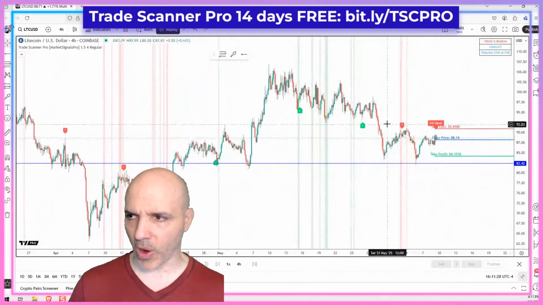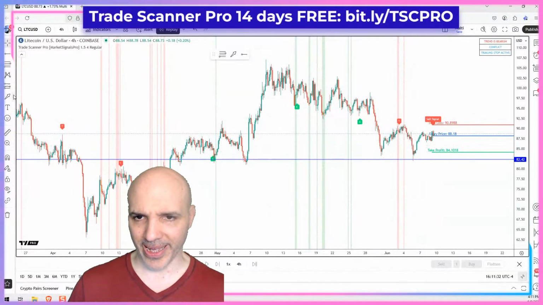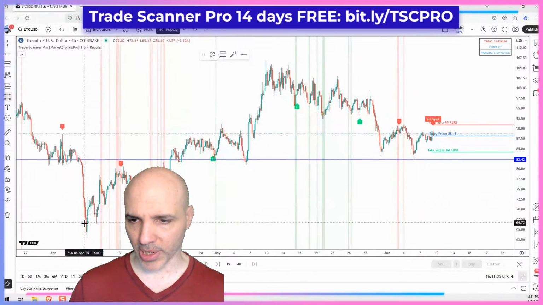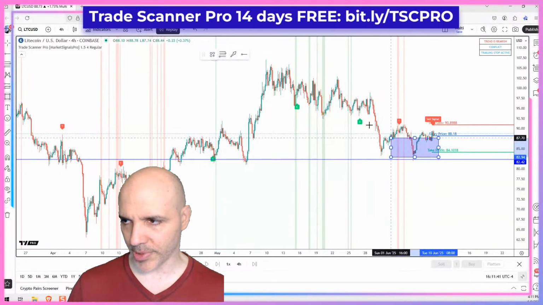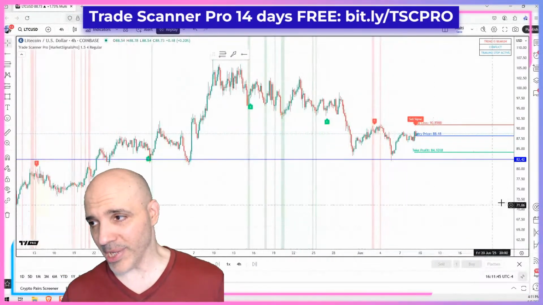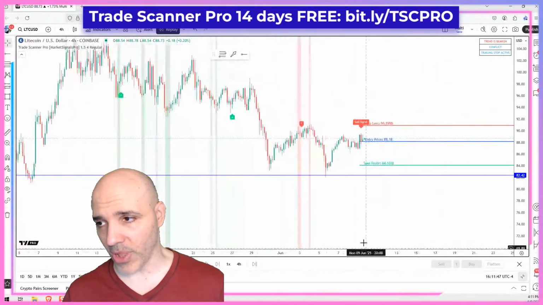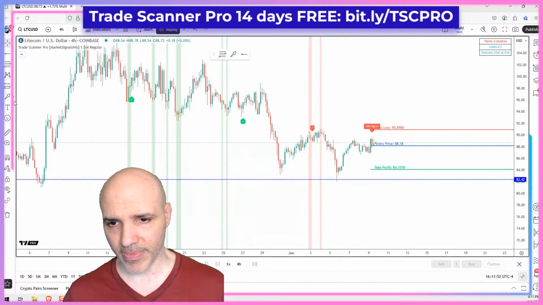I mean, we can argue that there's a bearish structure here, but this is tricky because we have this, which seems to be the more dominant structure, and then we have this. Looks like a higher low to me. And not only is it a higher low, look at this compound double bottom, right?